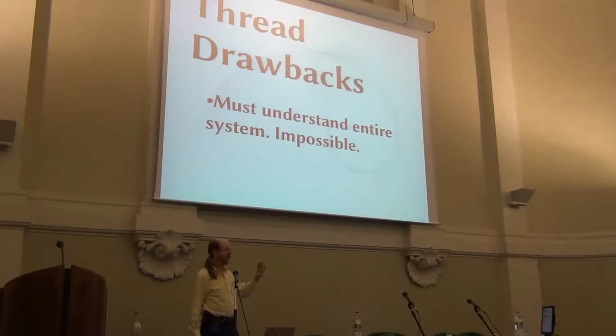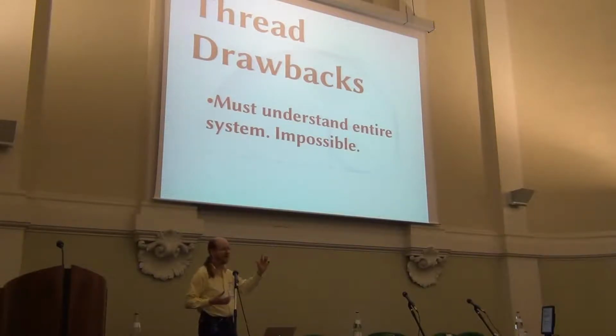Because in a sequential model, in many cases, you just have to look at the code right around the place you're looking, because you can see kind of where you're coming from and where you're going. But in a system that's multi-threaded, you have to think about every possible instruction in every possible thread that is executing at the same time as this one line of code that you're looking at to see whether or not it's correct.